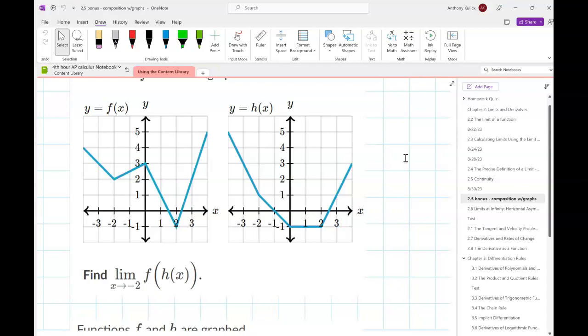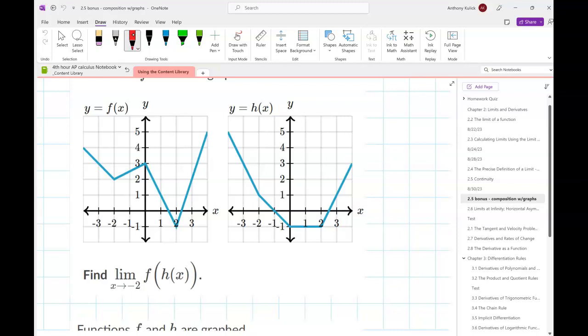So we're going to do a couple of examples here. Here we're asked to find the limit as x approaches -2 of f of h of x. The first thing I look at is my graphs of f and h. The thing I notice straight away is that they are both continuous everywhere.